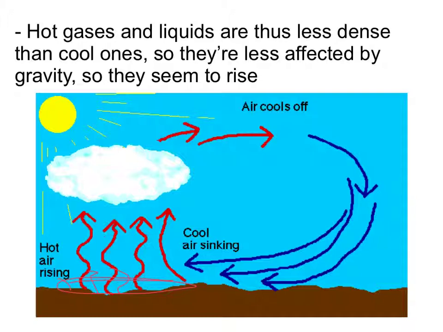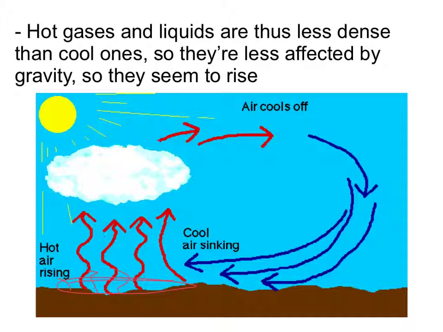As it expands, it becomes less dense than cold air. When you think about density, in lay terms, you could talk about something being dense as being really heavy. We equate these ideas together, but it has to do with how much matter is packed into a certain amount of area.